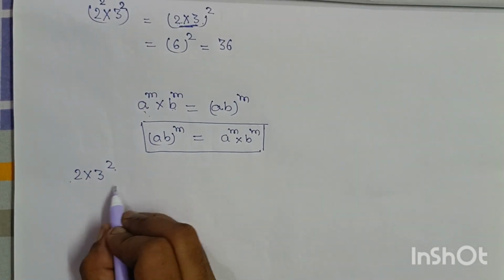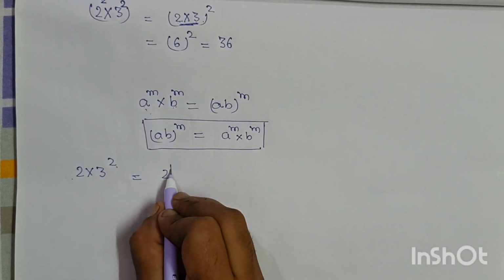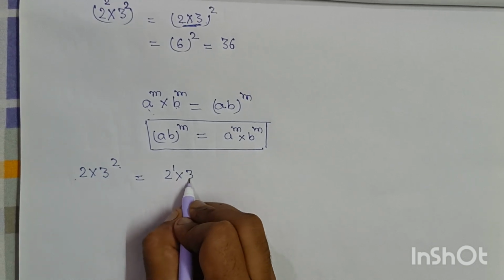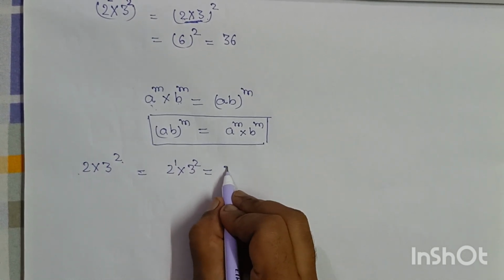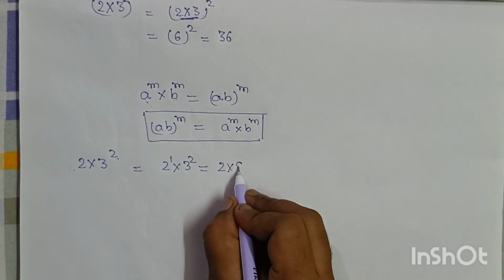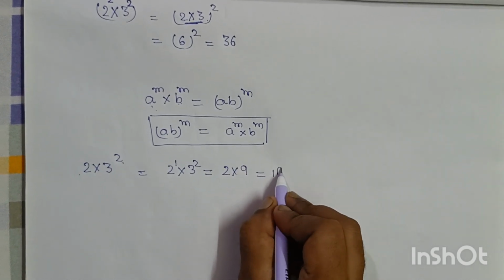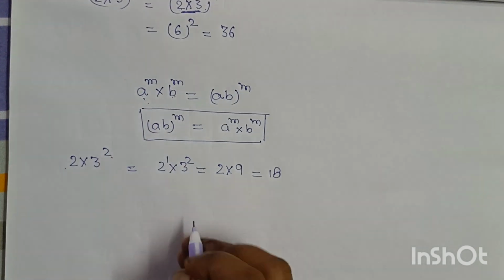If we want to simplify this expression, the exponent of 2 is 1, whereas the exponent of 3 is 2. First of all, we simplify this. 2 raised to the power 1 will be 2 as it is, and 3 raised to the power 2 will be 3 times 3 is 9, and 9 times 2 is 18. So these two expressions are not the same.